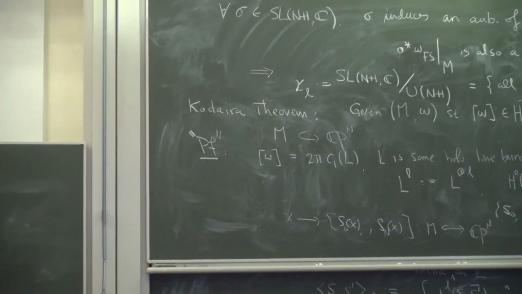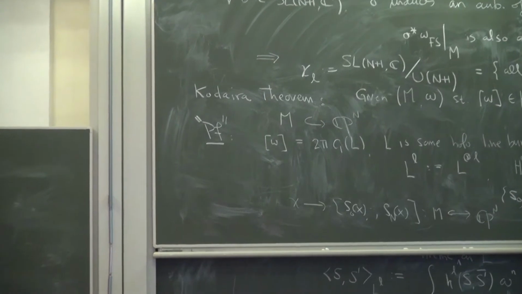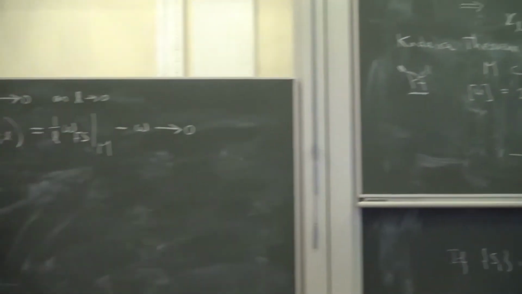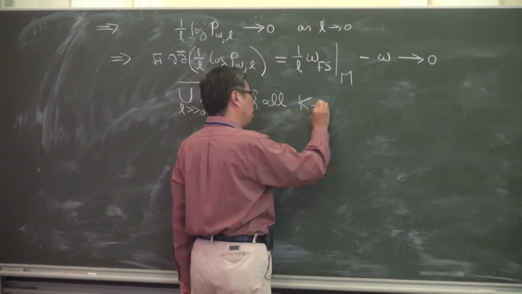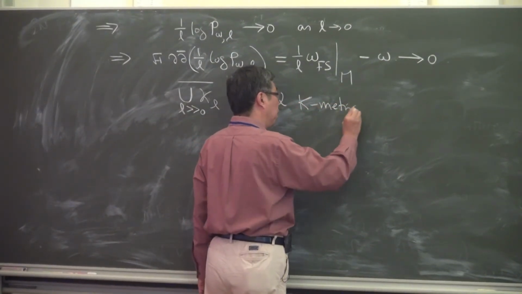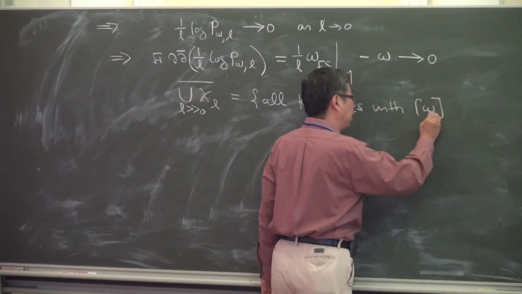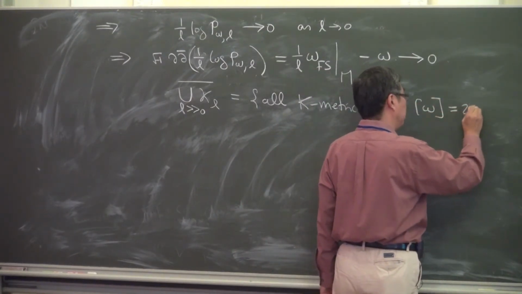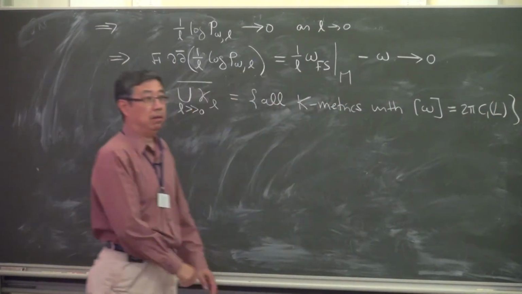Okay. So this is KL, the union. The closure is all Kahler metrics with a Kahler class given by 2 pi alpha, C1 here.